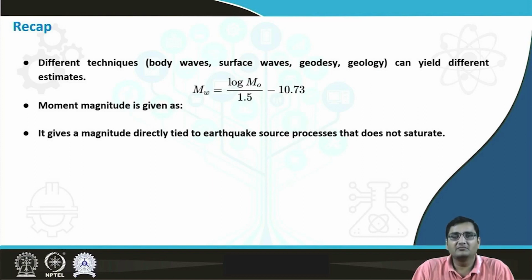Then we learnt about moment magnitude, that is M sub W equals log M naught, where M naught is the seismic moment, divided by 1.5, minus 10.73. It gives a magnitude directly tied to earthquake source processes that does not saturate.